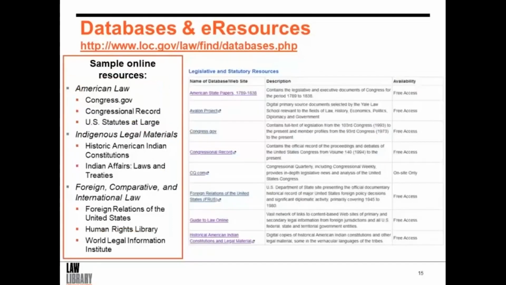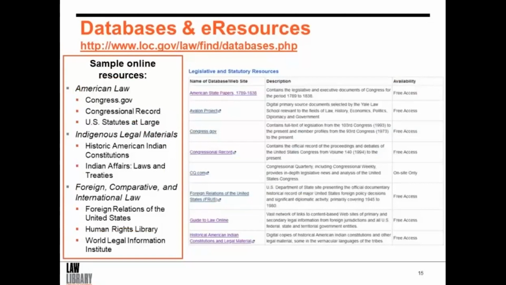So here we take a look at the beginning of the legislative and statutory resources that are available. And you see the first item is American State Papers, 1789 to 1838. It provides information about what American State Papers covers, and it also lets you know that it's free access. You're going to be able to just click on the link and go directly to the resource.